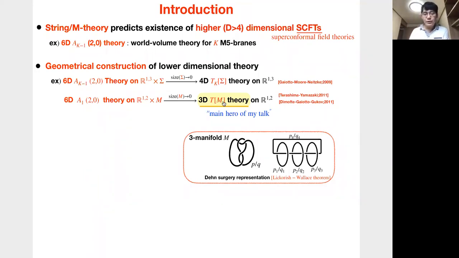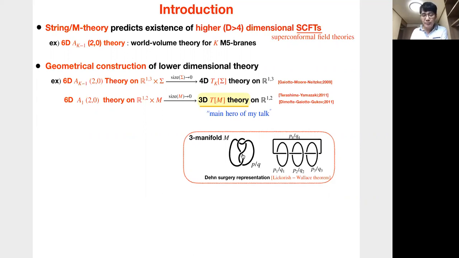So unlike a 2D Riemann surface, a three-dimensional manifold is difficult to imagine, but fortunately there is a very well-known way to visualize a three manifold, which is called the Dehn surgery representation. It says that a three manifold can be visualized this way. We first draw a knot or link.